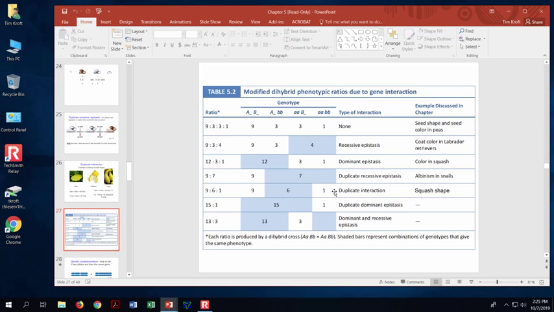And then you're like, okay, so these are in the middle, but it's weird because one of them has big A and little b's, the other one has big B and little a's, but yet they both give the same phenotype. So you're having an interaction between these genes. And what I said in class was that each big allele gives a certain amount of flattening power, so to speak.